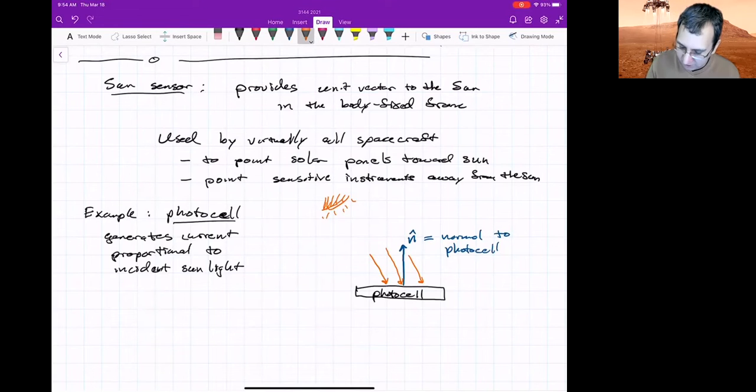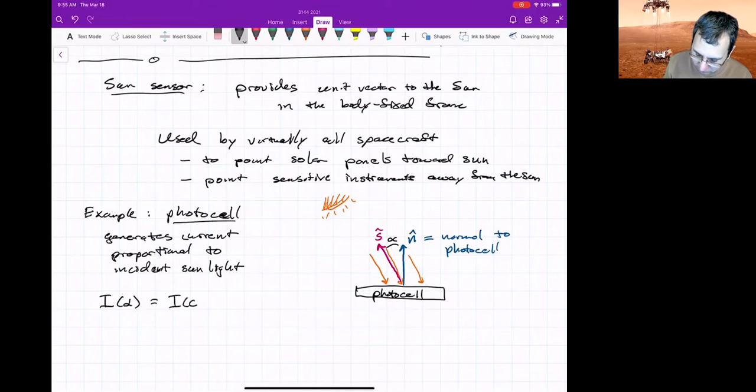So if I were to write the unit vector for the direction of the sun, S hat, it generates a current proportional to the incident sunlight. This angle between the two, we'll call that alpha. And so the amount of current at an angle alpha is equal to the amount of current you would get if it was directly overhead times cosine alpha.